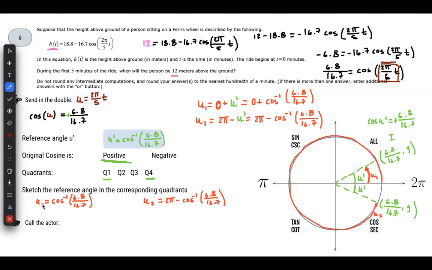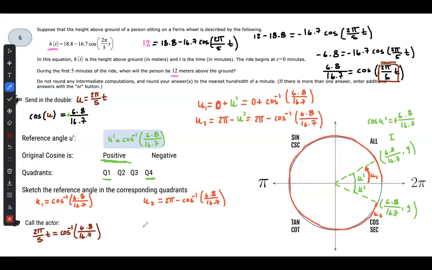So instead of writing U, I'm going to call the actor and I'm going to write 2 pi over 5t is equal to the inverse cosine of 6.8 over 16.7.